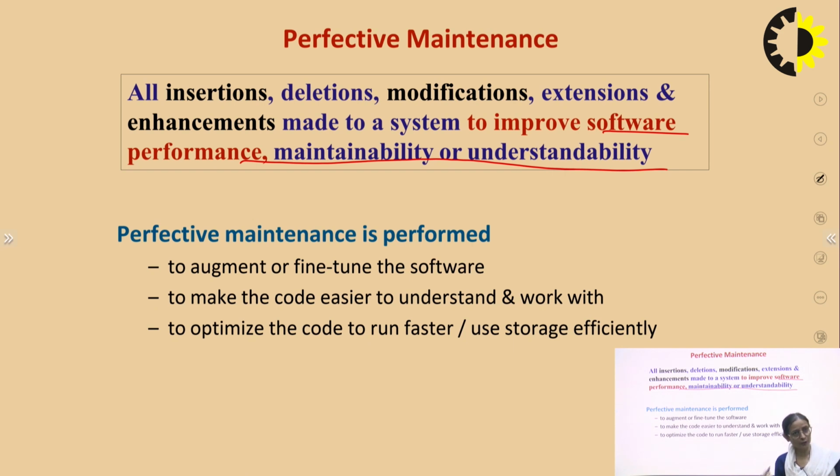If I am going with such a mindset, then I will say that I am doing perfective maintenance. So, perfective maintenance is performed to augment or fine tune the software, to make the code easier to understand and work with, and to optimize the code to run faster or use storage efficiently.